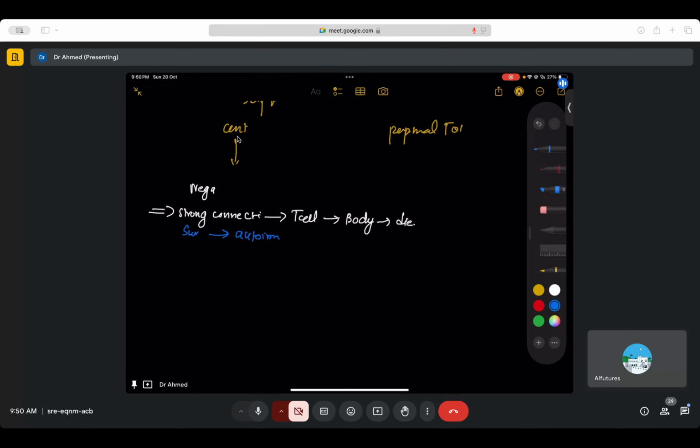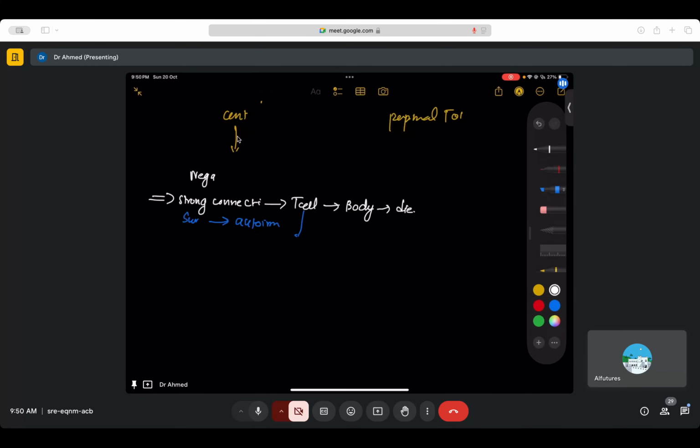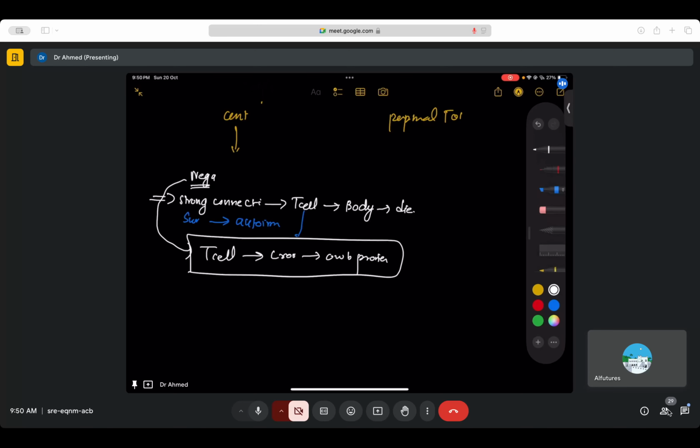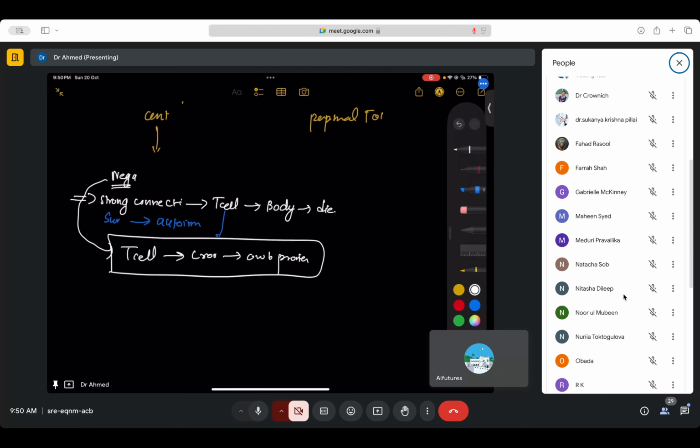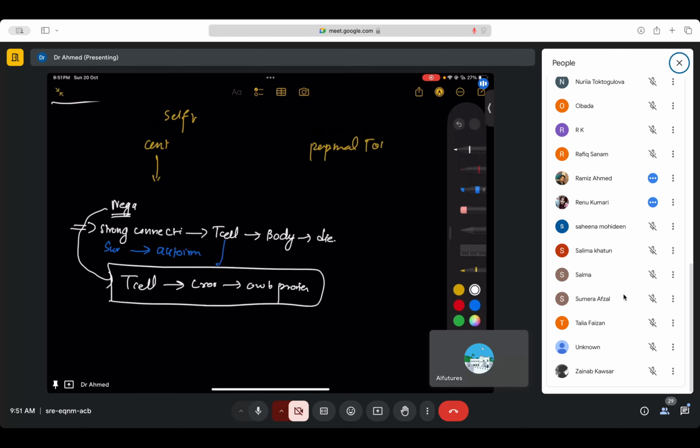Because these cells would be reactive against your own body. If due to certain defects this negative selection does not take place properly, these T cells escape it. So now you have T cells that would cross react against your own body proteins. It's an autoimmunity. You are activating your own cells against your own body parts. So this is your central tolerance.